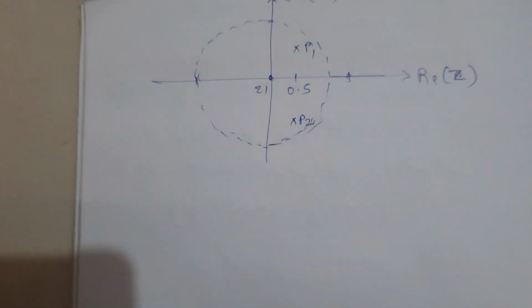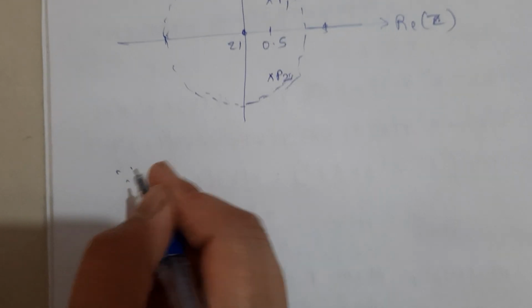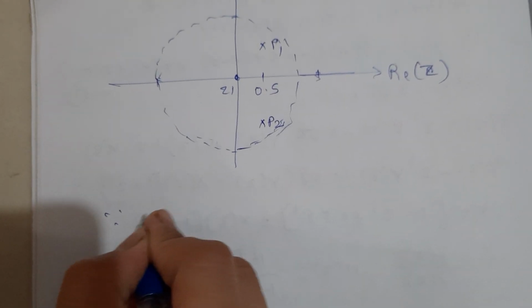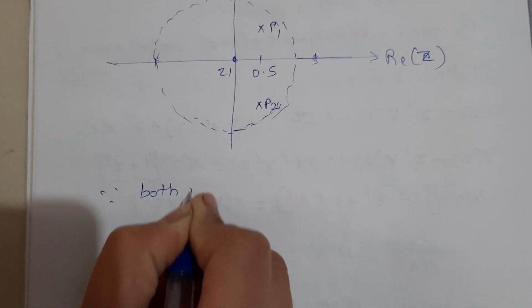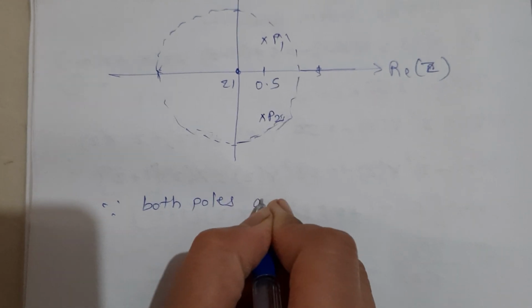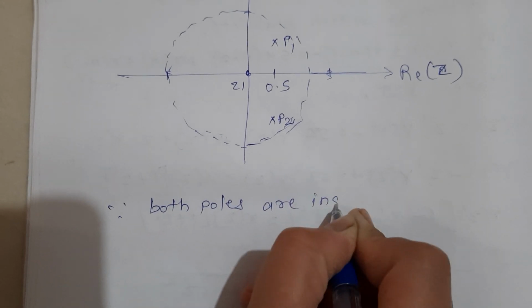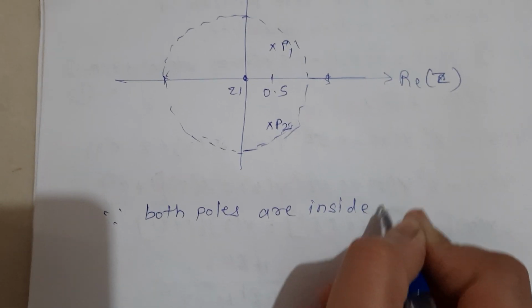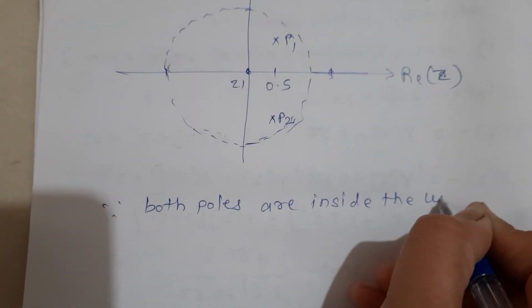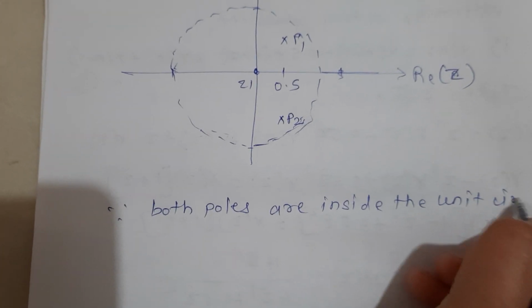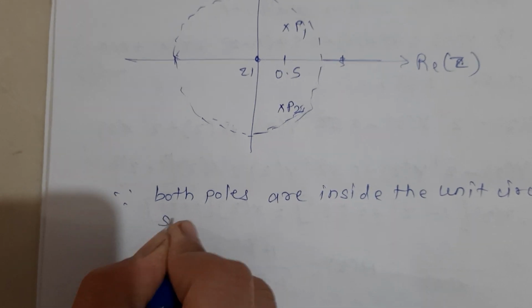So the pole zero plot is shown here. Since both poles are inside the unit circle, the system is stable.